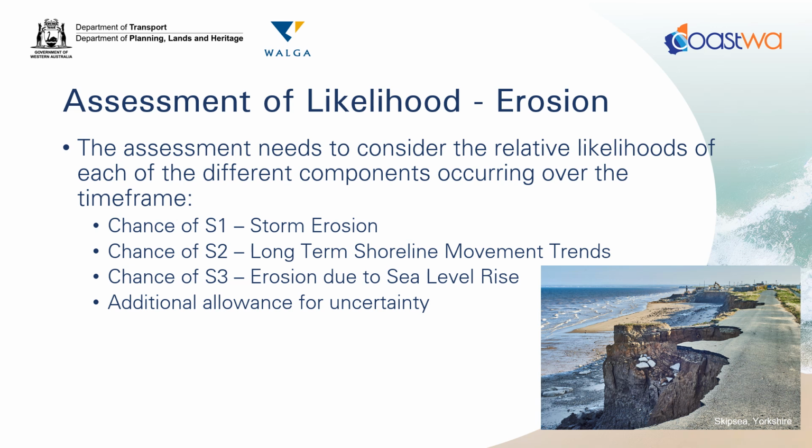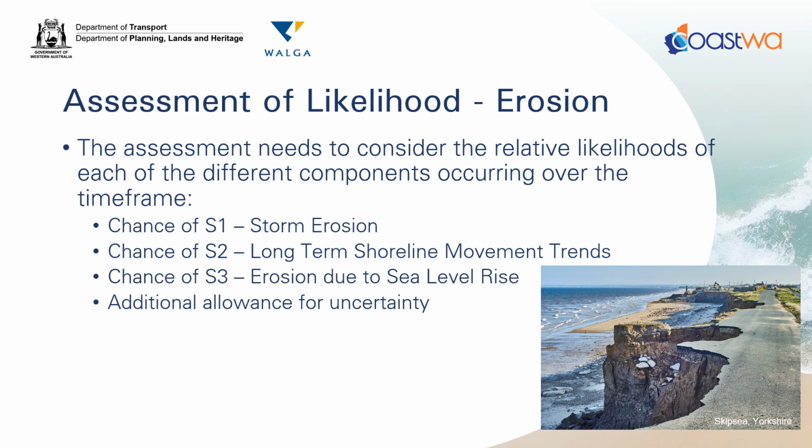what we have to do is try and sum those up and give us an actual indication of how likely it is that they will occur within whichever planning horizon we're considering. The additional allowance for uncertainty also needs to be included in that consideration, because it is an additional allowance.